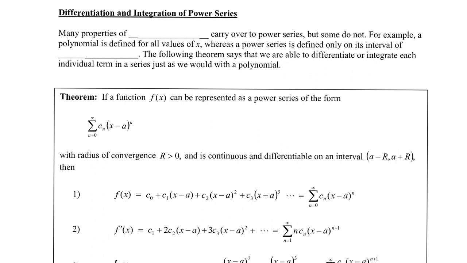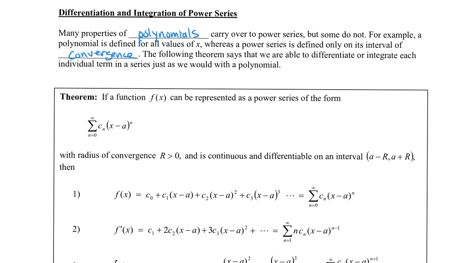So many properties of polynomials carry over to power series, but some do not. For example, a polynomial is defined for all values of x, right? Polynomials are so nice to use because they're defined everywhere, and they have a derivative everywhere, and we can integrate them everywhere. Whereas a power series is definable only on its interval of convergence.